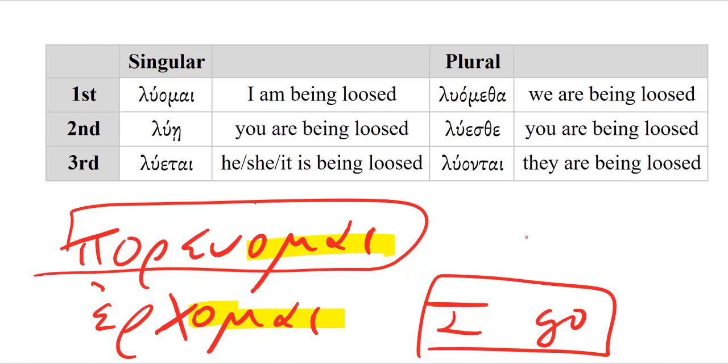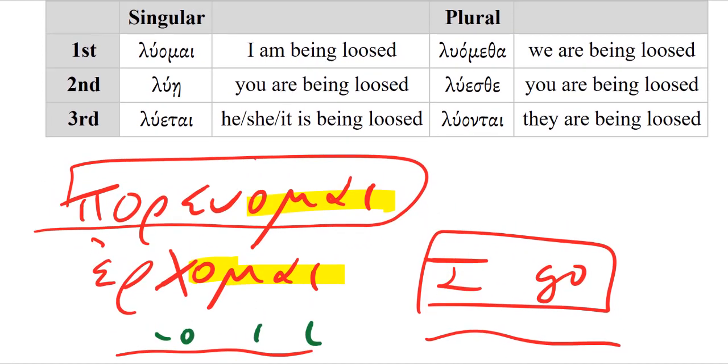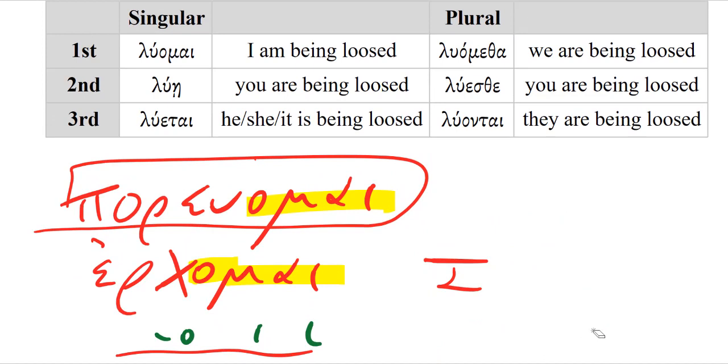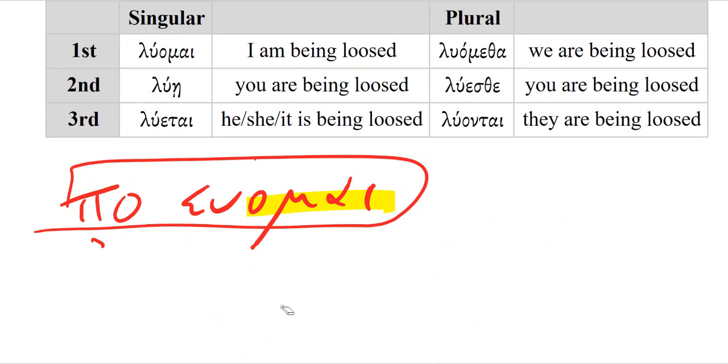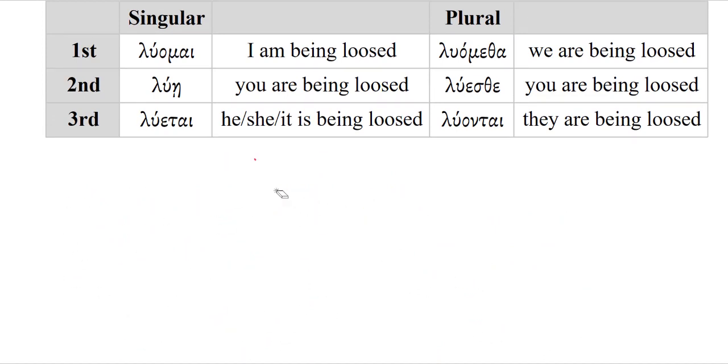The middle voice speaks of the subject acting to or for itself, in its own interest, or being very affected by the activity that's done. And so, again, we're learning to talk about those verbs like erkomai and paruomai as middle-only verbs. They're going to follow these sets of endings.